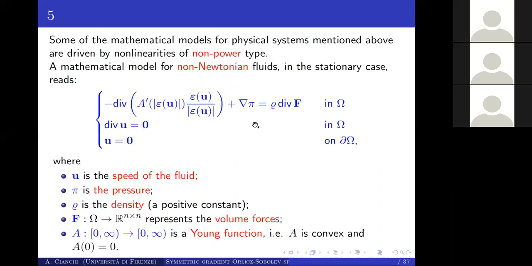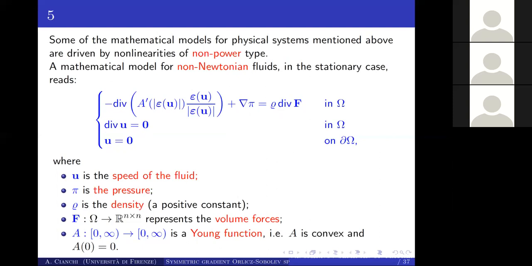An example of this is that of what are called non-Newtonian fluids, for which here I've written a basic model, where u is the speed of the fluid, pi is the pressure of the fluid, rho is the density, f on the right-hand side represents the volume forces, and this function A, which appears through its derivative, is in general a Young function, which means a convex function which vanishes at the origin.